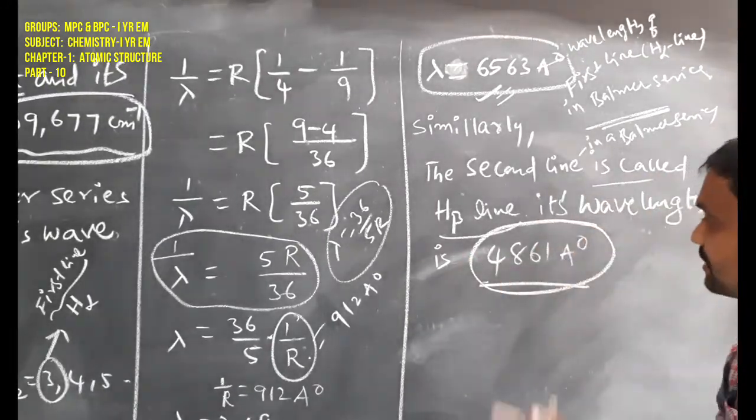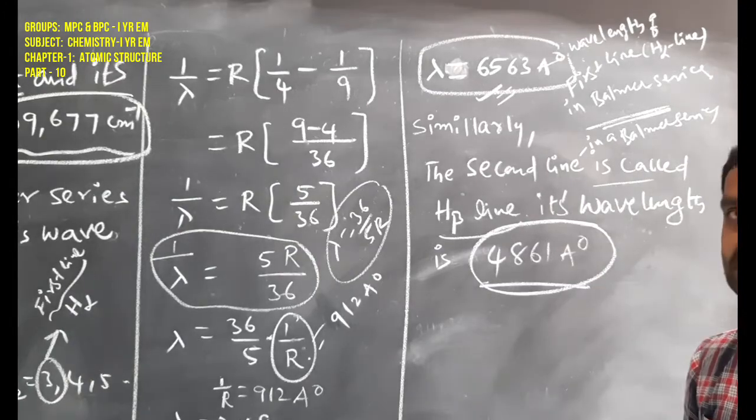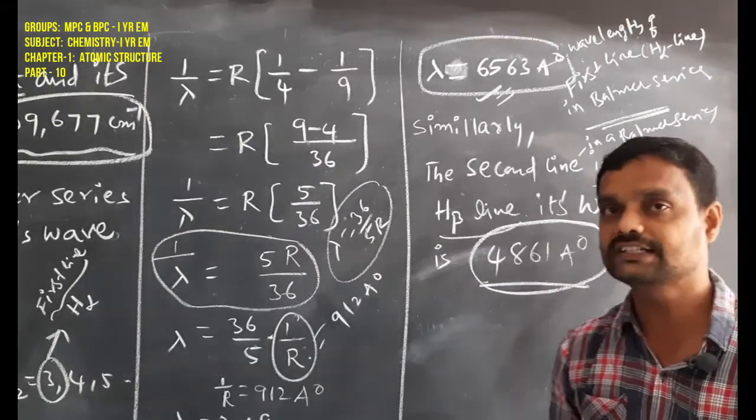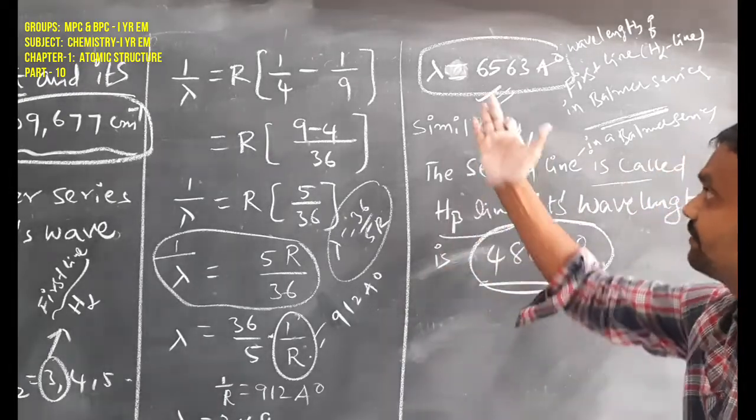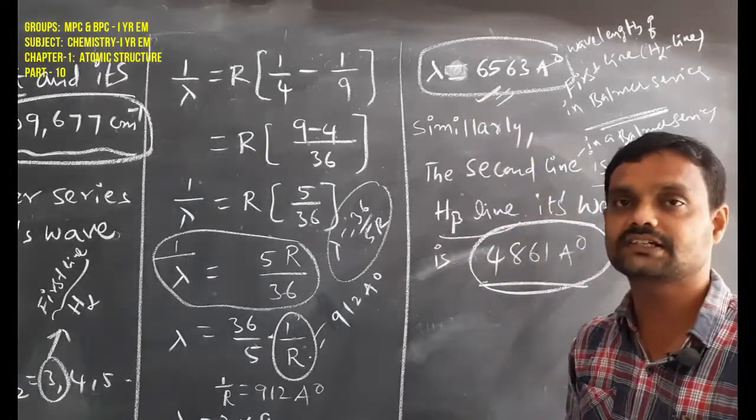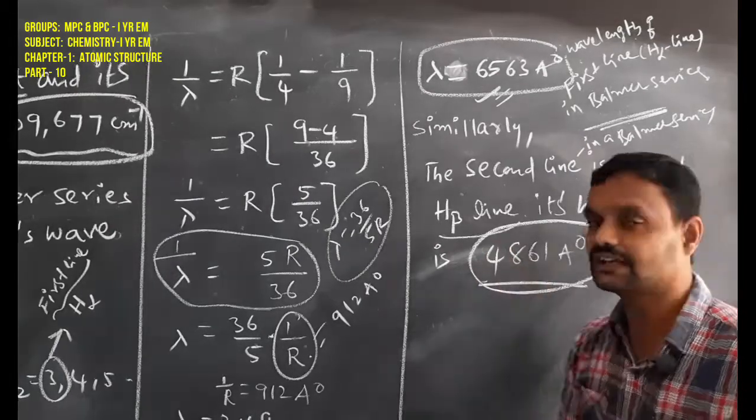Its wavelength, by the same method, is 4861 angstroms. How can it be calculated? The same way we calculated the H alpha line wavelength, we find the H beta line wavelength.